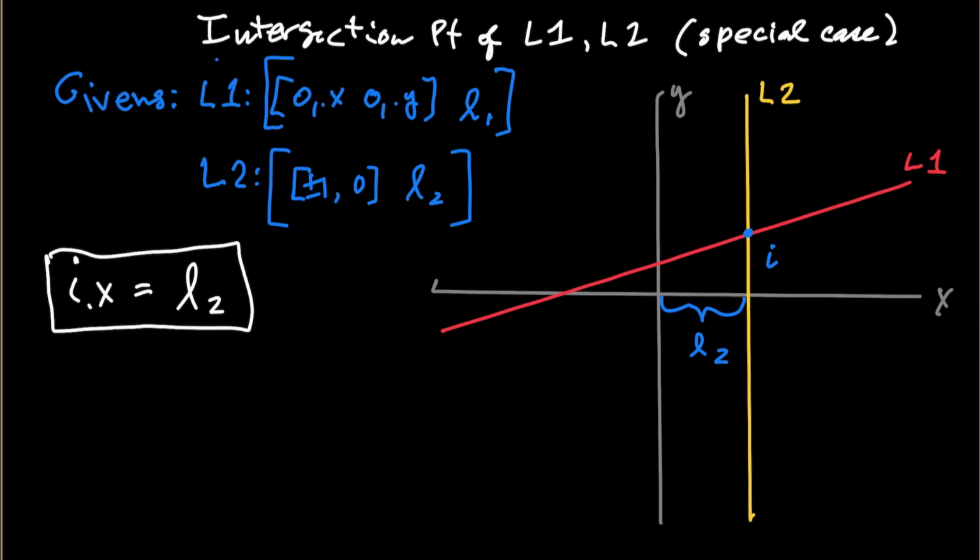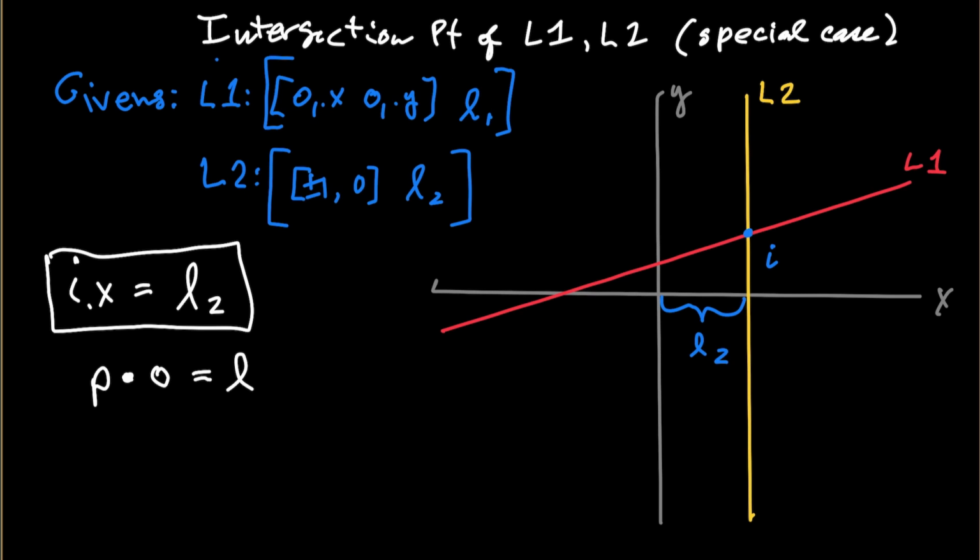Okay. Let's just start with the general line equation in vector form: P dot O equals L. This is going to apply to line 1. And furthermore, we're not interested in all the points on line 1.